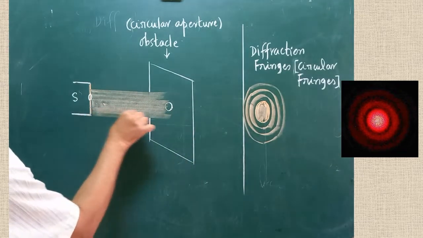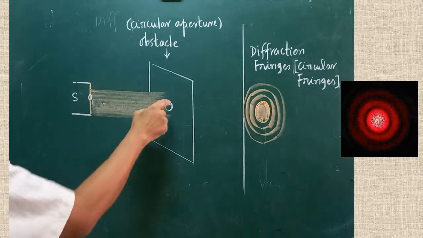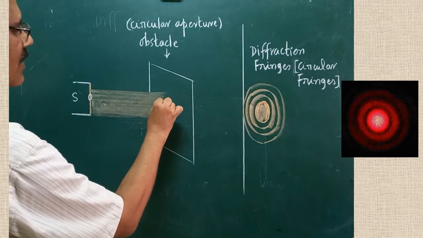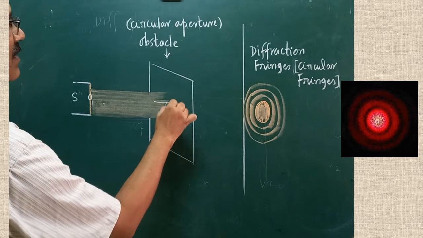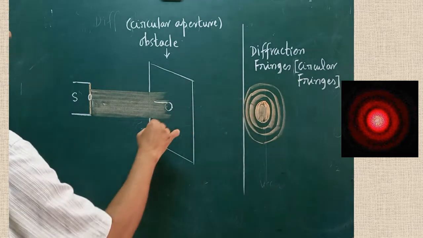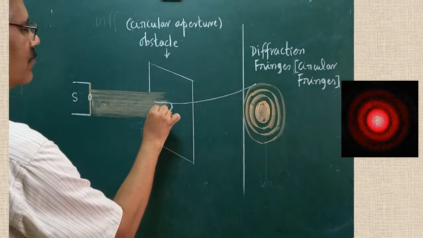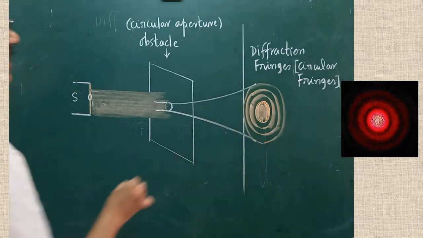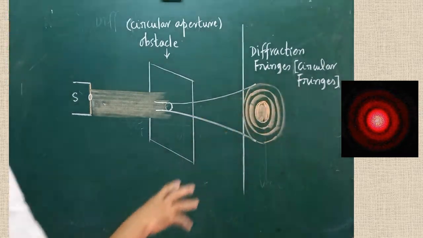As seen in the previous case, here also around the edges of the obstacle, the light starts bending. As soon as it hits the obstacle, instead of traveling in a straight line, the light bends around the edges of the obstacle, and because of the diffraction effect, these kinds of diffraction fringes are created.